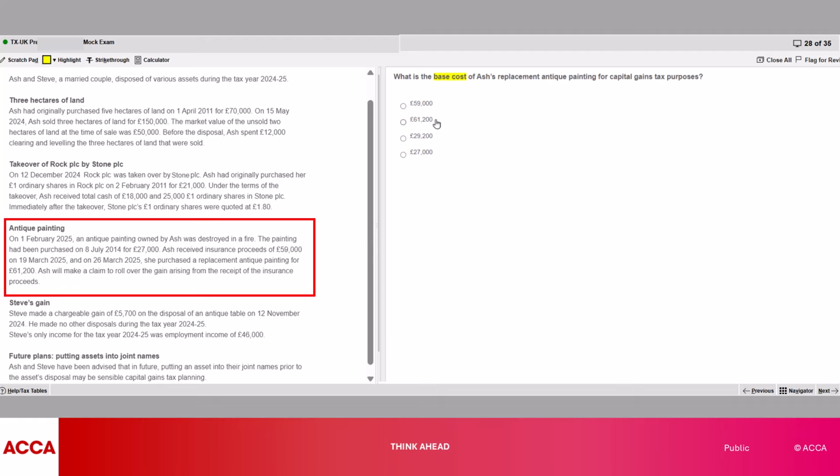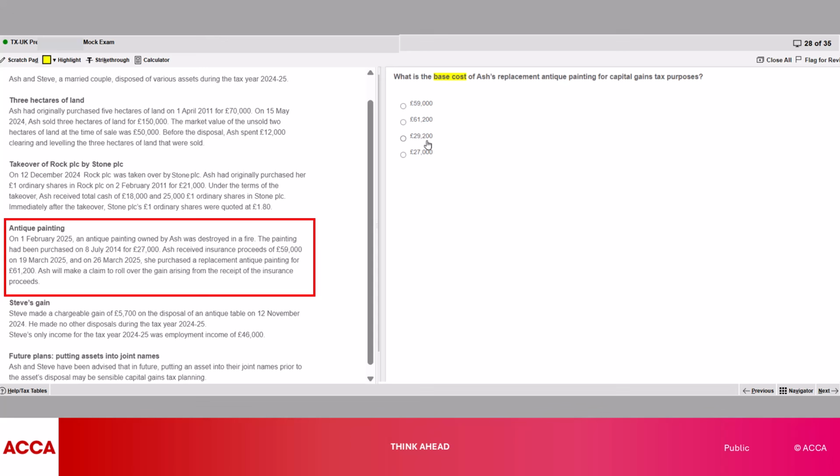So that's not going to be right because we're going to roll the gain over against that. We've got 29,200, so that's not obvious just yet. And then the £27,000 was the cost of the original painting. So again, it can't be that one. So it pretty much has to be the third option, which is 29,200.